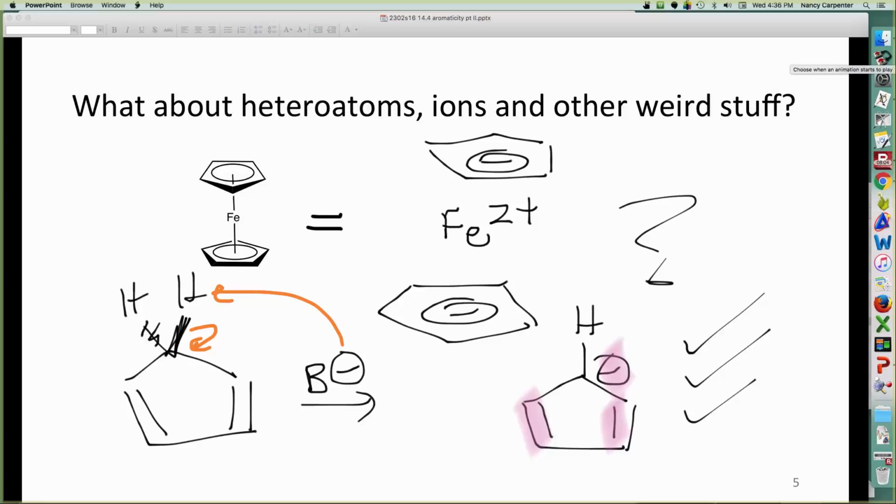So that is why we show the cyclopentadienyl anion like this: totally delocalized, a super stable, negatively charged ligand for iron.